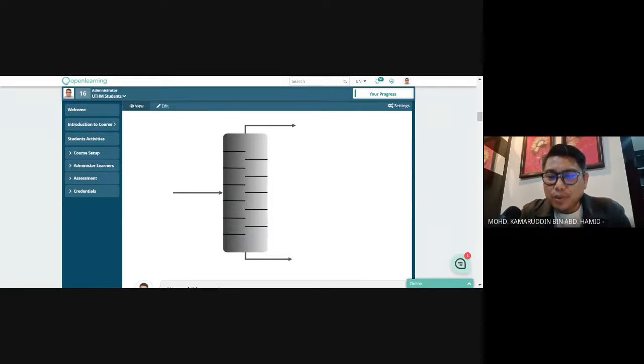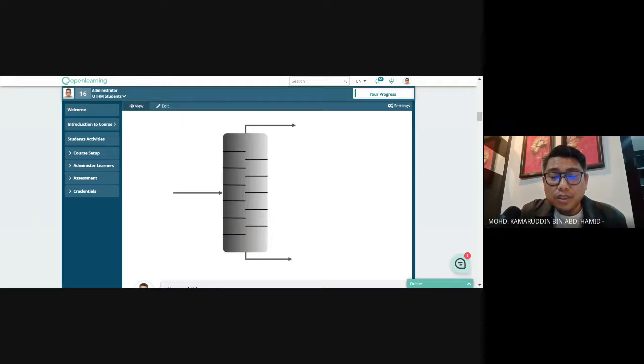Panggil dia sebagai absorber, but commonly in practice, in industry, they call it splitter. Sometimes they call it a general separator, tapi kita panggil sebagai absorber, not absorption column.